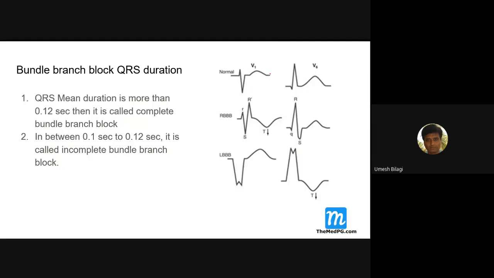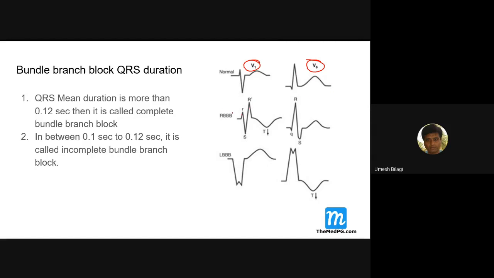So now we'll briefly touch upon bundle branch blocks. As I told you, in the ventricles there are two bundles, left and right. This is lead V1 and this is lead V6.